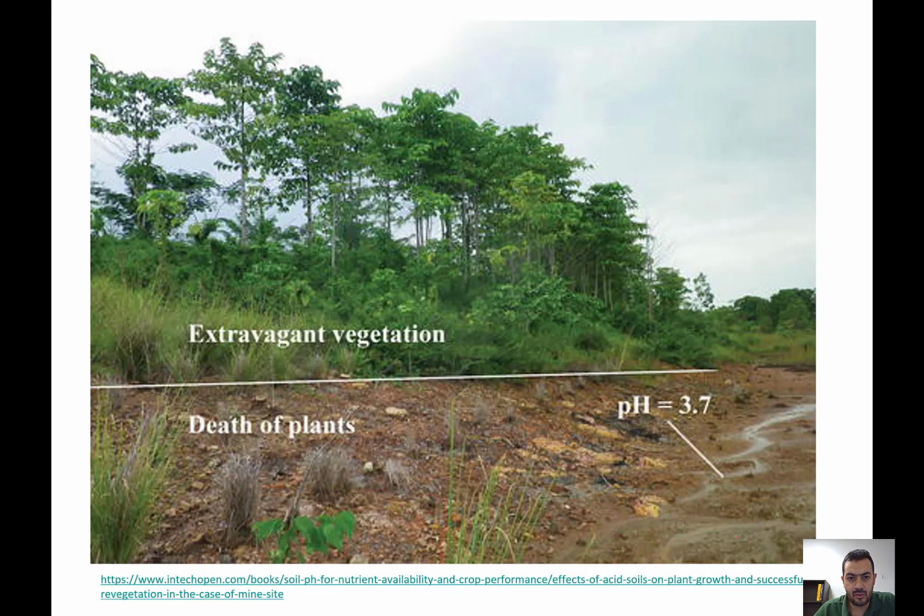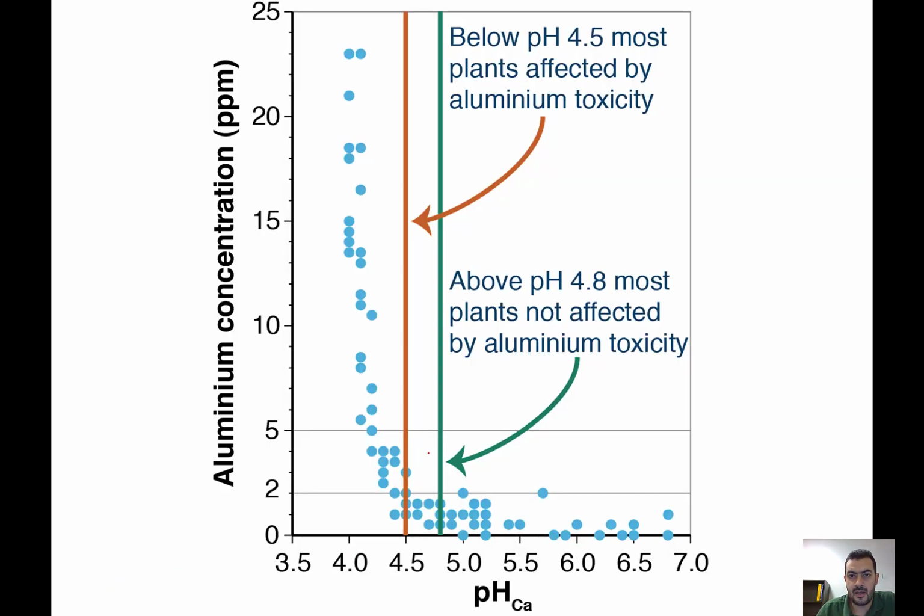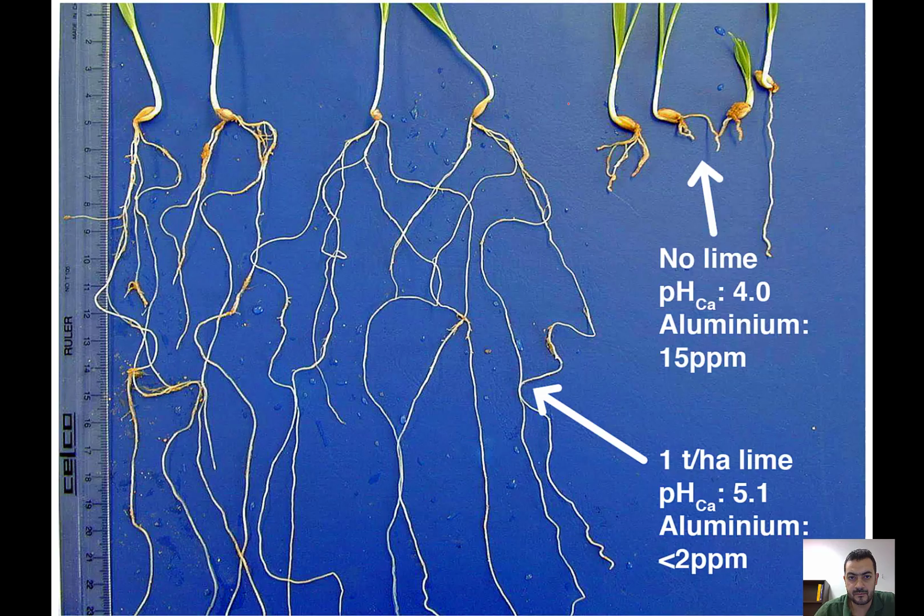Here is an example of how the decrease of the soil pH can lead to the death of the plant. Here again, the example of aluminium and the toxicity caused by a pH lower than 4.5, and how it affects plants, causing aluminium toxicity.